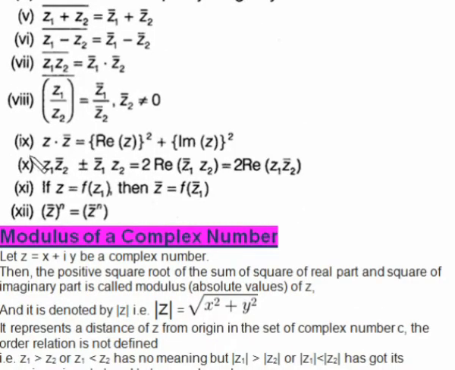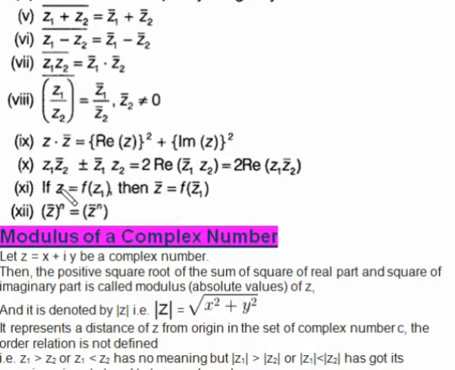Similarly, the complex number multiplied with its conjugate gives the square of the real part plus the square of the imaginary part. Now z1 multiplied by conjugate of z2 plus or minus conjugate of z1 into z2, we get its result as twice the real part of z1 conjugate of z2, which is equal to twice the real part of conjugate of z1 into z2.